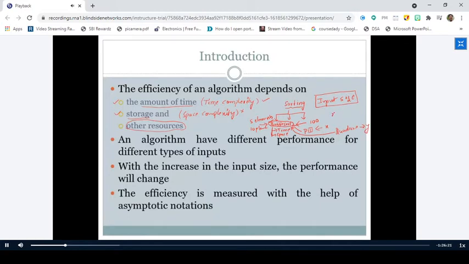Is X less than or greater than Y? X less than Y is a wrong answer.